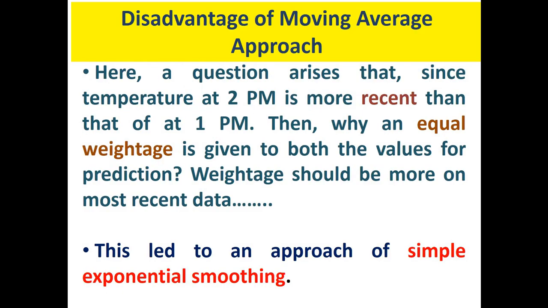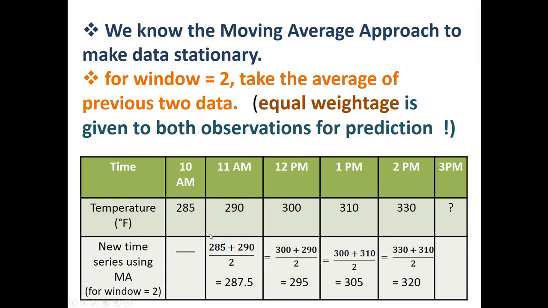Now in that particular case, the temperature at 2 p.m. is more recent than that of 1 p.m. For example, suppose the temperature at 2 p.m. is 330 and at 1 p.m. is 310.